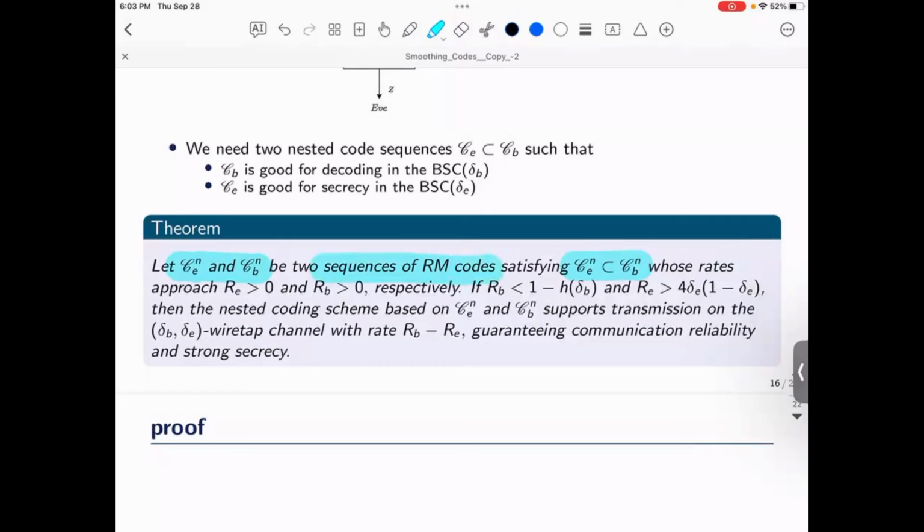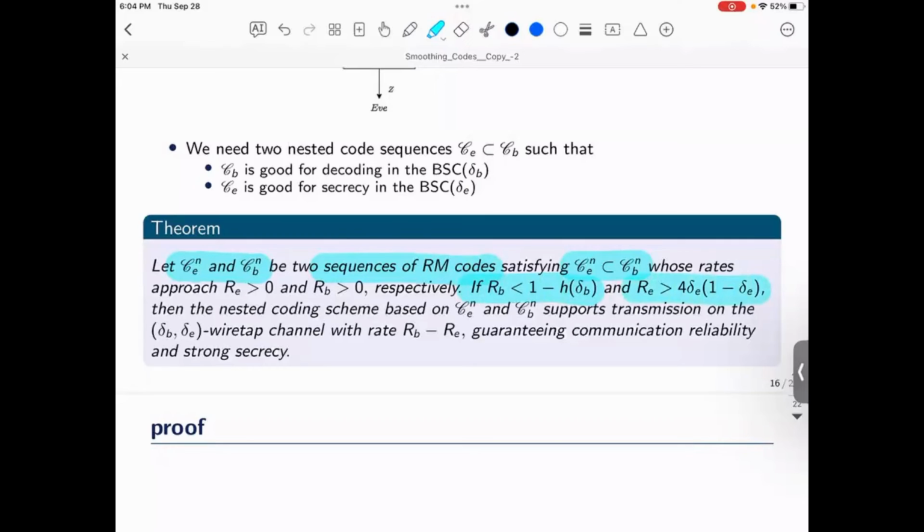These codes are Reed-Muller codes. If the noise and the rate satisfy this in the main channel, and if RE satisfies this, then the nested coding scheme based on these Reed-Muller codes supports transmission reliably and securely. That is the theorem.